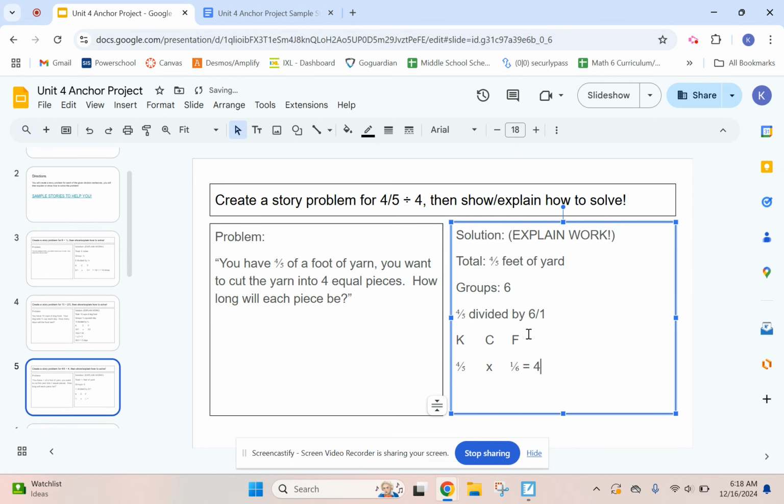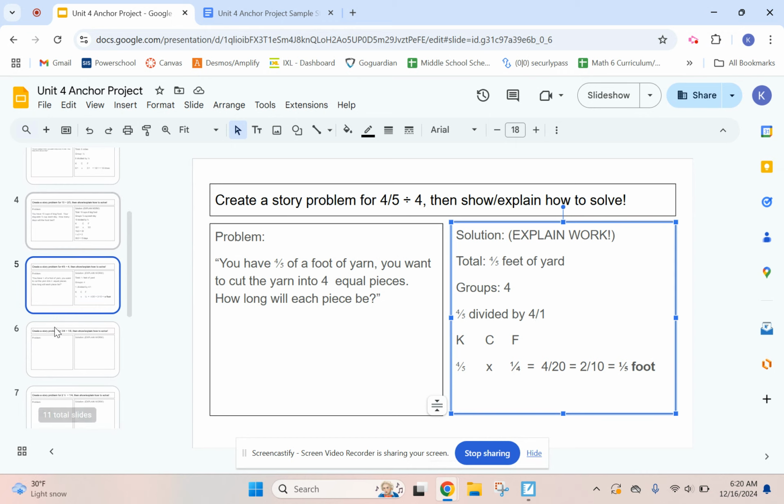That is my bad. Okay, so this should have been 1/4. I don't know where the 6 came from. Okay, there we go. Groups would be 4. So it's still the same though, because 5 times 4 would be 20, and so on. All right, ignore that mistake. All right, let's keep going.